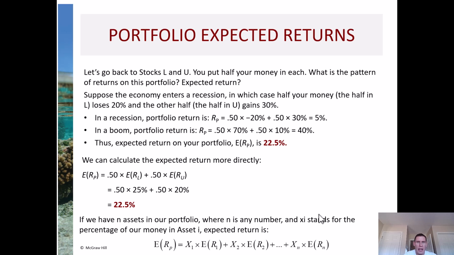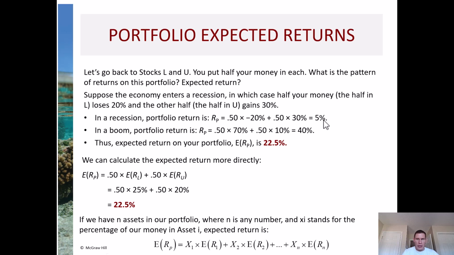So let's go back to stocks L and U. Let's say that you put half of your money in each. So what is the pattern of returns in this portfolio? And what is the expected return? Suppose the economy enters a recession, in which case half your money, the half you had in L, loses 20%, and the other half, the half you had in U, is now going to gain 30%. So in a recession, the portfolio return is 0.5 times negative 20, think about the negative 20 from here, losing 20%, plus the 0.5 times 30%, because stock U gained 30%, and that gives us 5%.